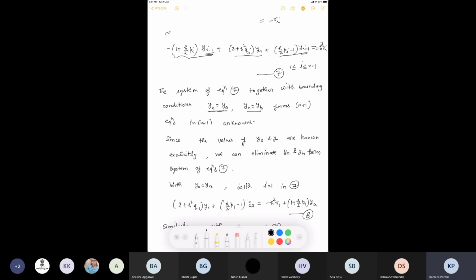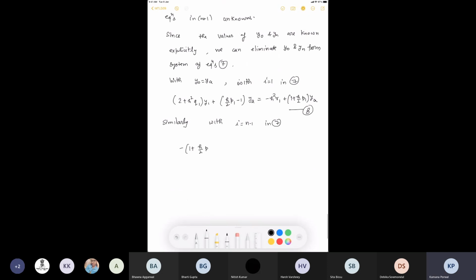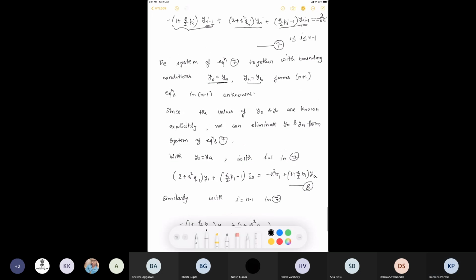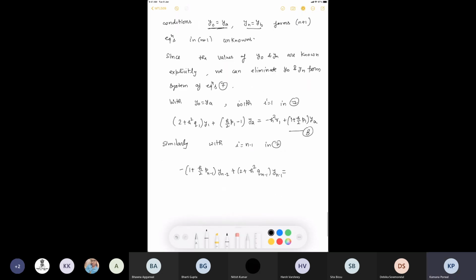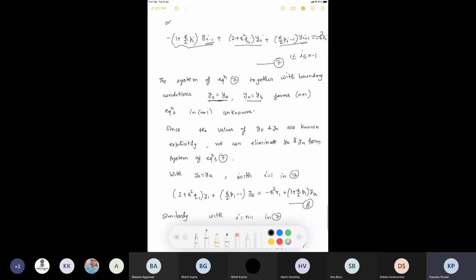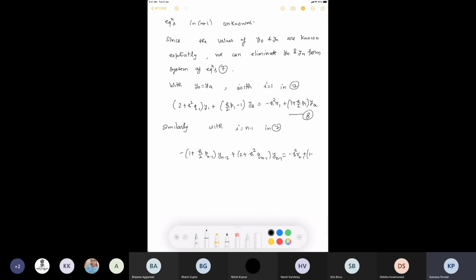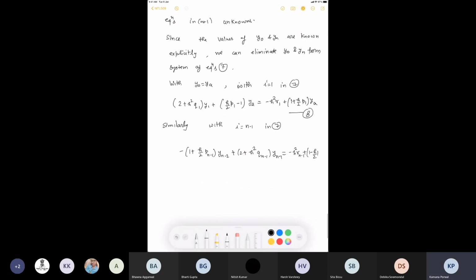For I is equal to n minus 1, the first term is minus 1 plus h by 2 pn minus 1 times yn minus 2, plus 2 plus h square qn minus 1 times yn minus 1, and this term goes to the other side, so I will have minus h square rn minus 1 plus, since it goes to the other side, I have to take a minus sign inside, so this is 1 minus h by 2 pn minus 1 times yn.